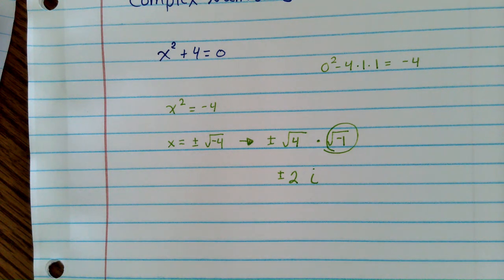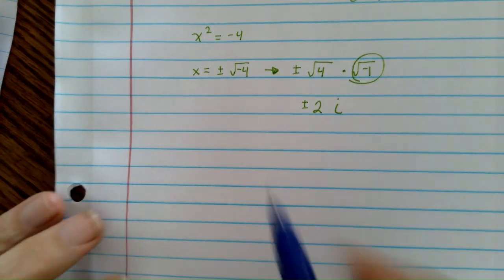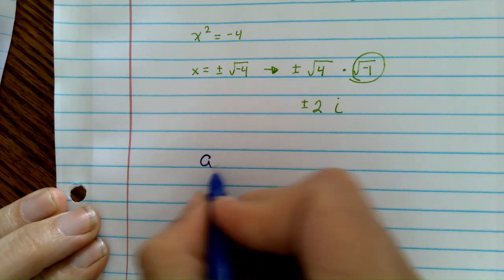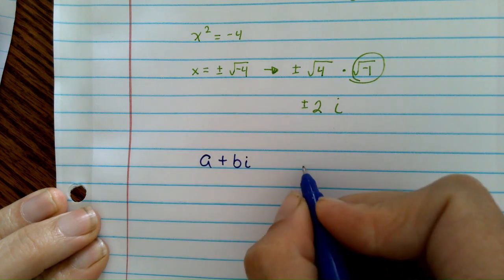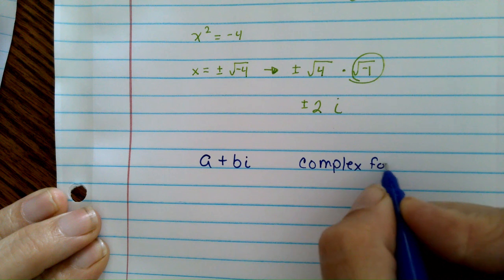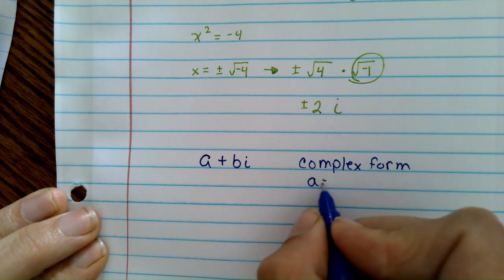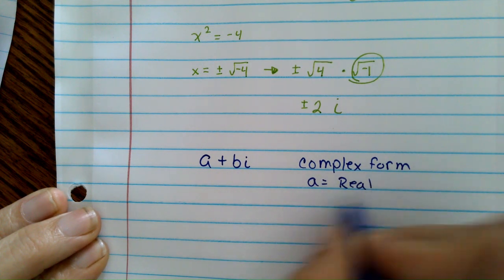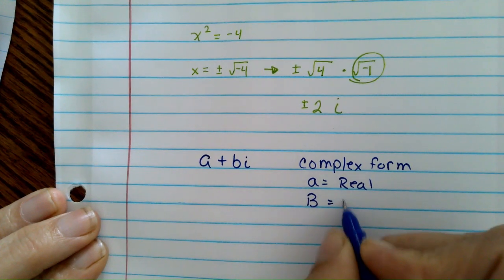That's all they've done. And that's what a complex number is. It's a number that has an imaginary part. So a plus bi is going to be complex form. a will be your real part, and b will be your imaginary part.